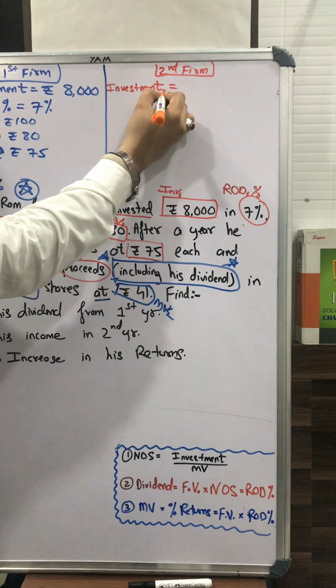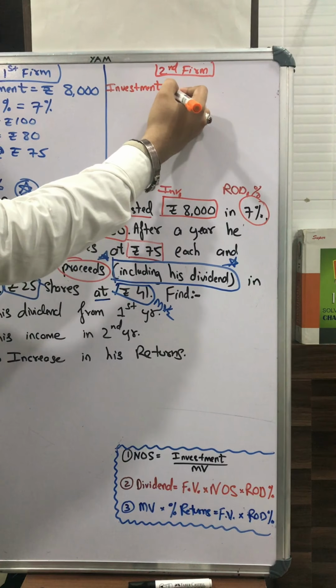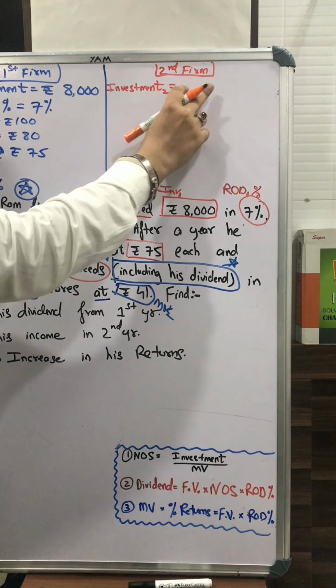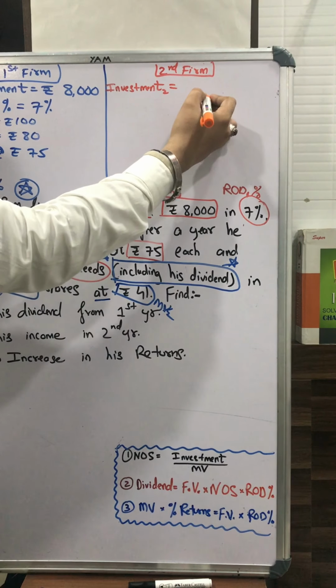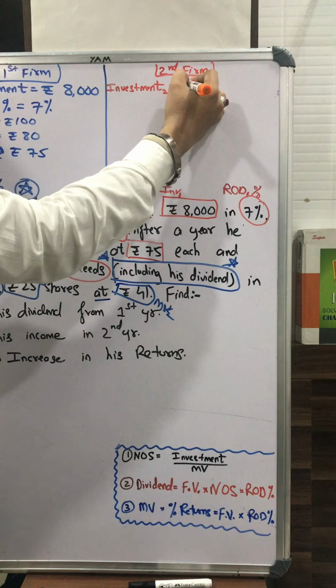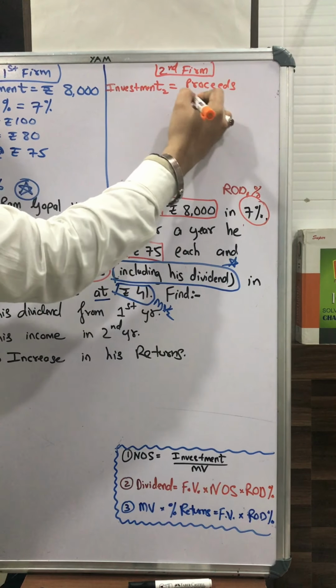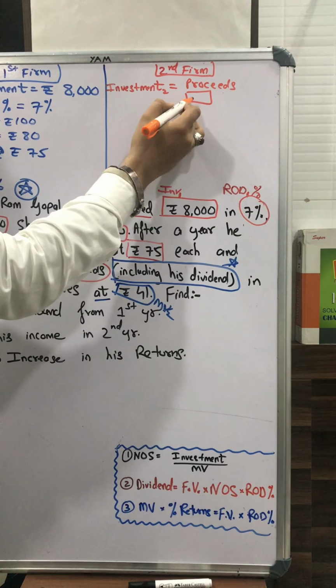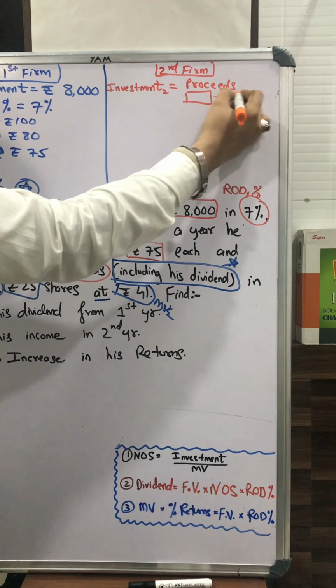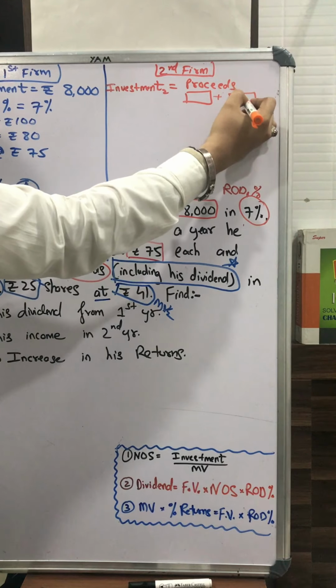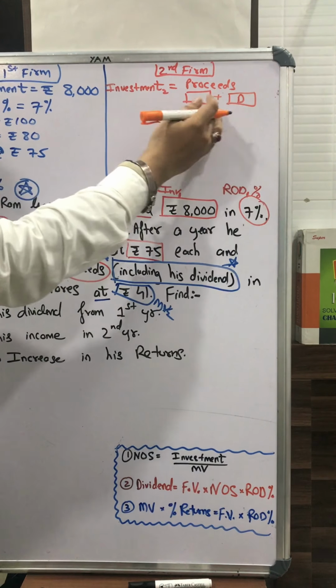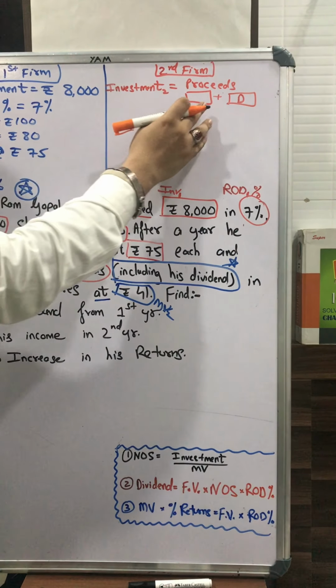for the second firm. So I wrote here 2 in the subscript, will be what? 2 things. Addition of 2 things. Okay, it will be, of course, proceeds, but it is addition of 2 things. The amount we received after selling plus the dividend. I write D just for the sake of for you all to understand.